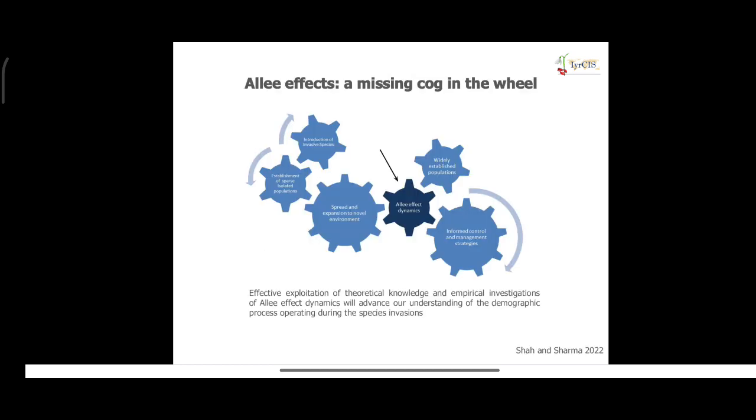Actually, the early effect may serve as the missing cog in the wheel of the invasion process. The effective exploitation of theoretical knowledge and empirical investigation of early effect dynamics will advance our understanding of the demographic processes operating during the species invasion process.